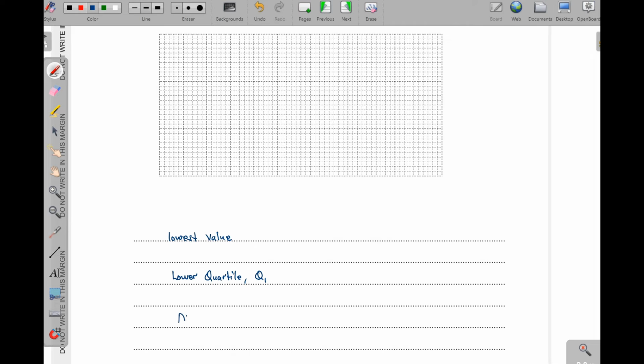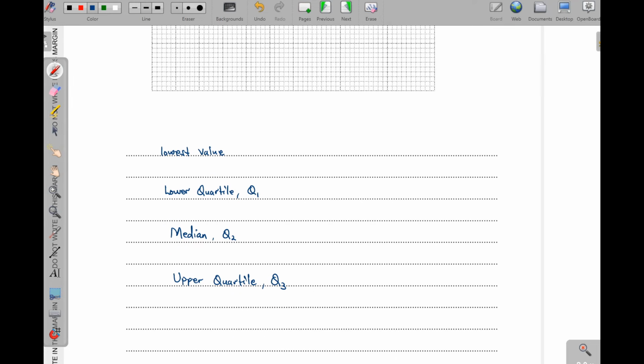We need the median, which we denote as Q2. Then we also need the upper quartile, which we denote as Q3. And then lastly, we need the highest value.